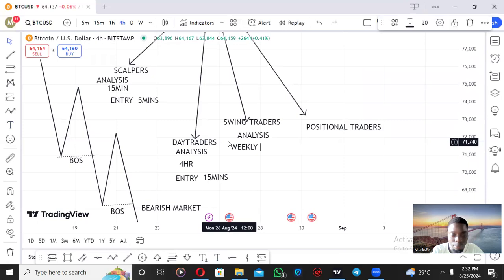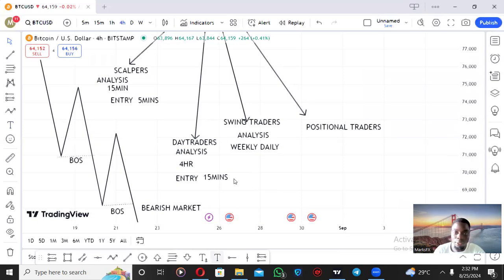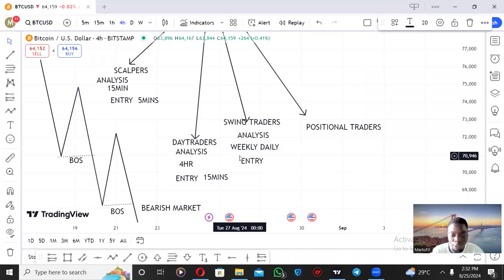And then their entry time frame is basically the 4-hour, sometimes the 1-hour time frame.